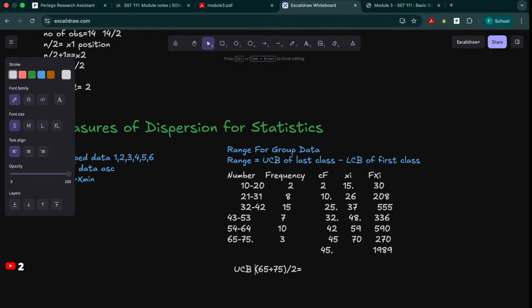I'm not conversant with the math, so I can't do this offhand. We do 65 plus 75, then divide by 2, and get 70.